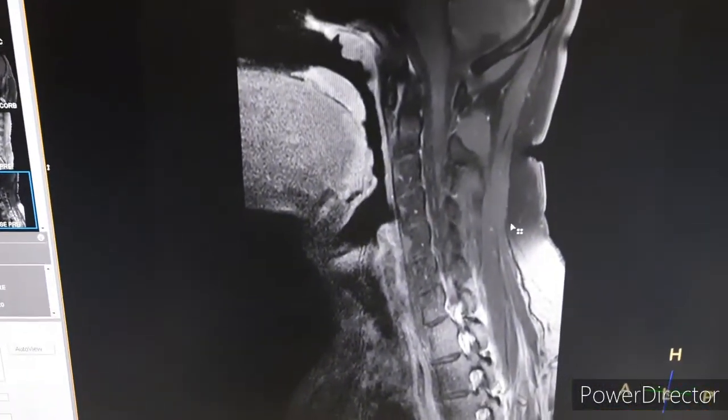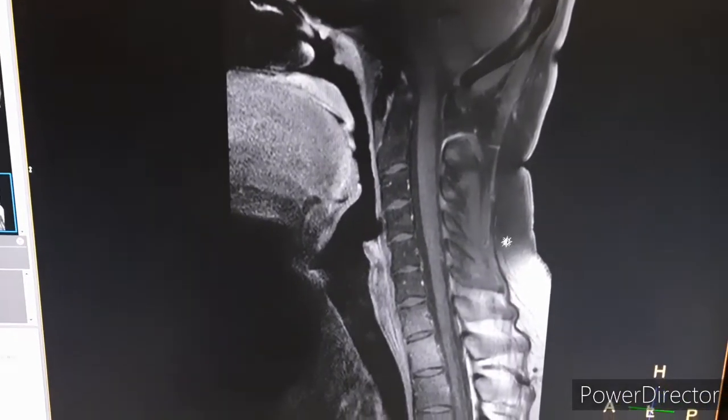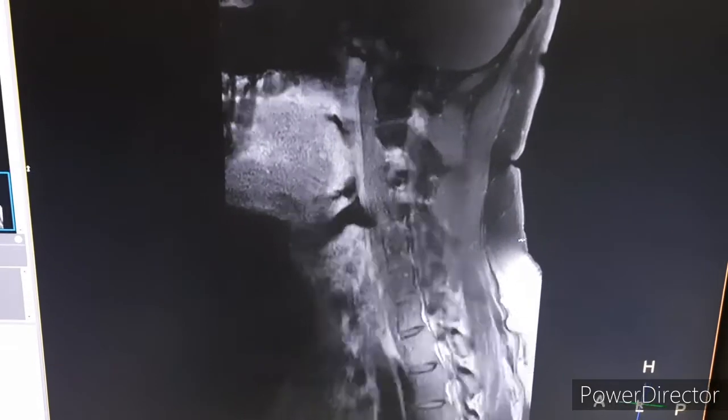And this one is additional we have taken for the cervical spine, post contrast T1FS sag.